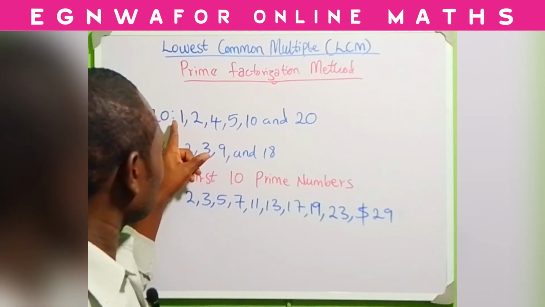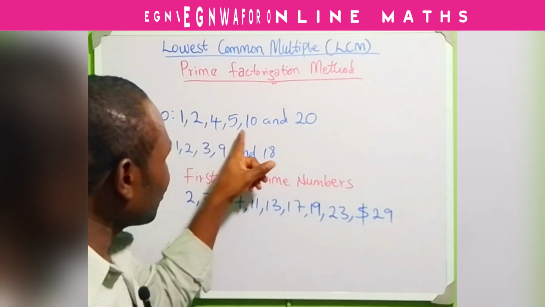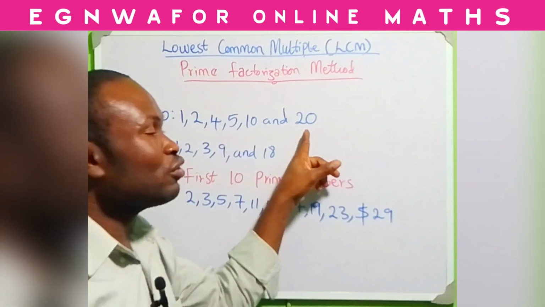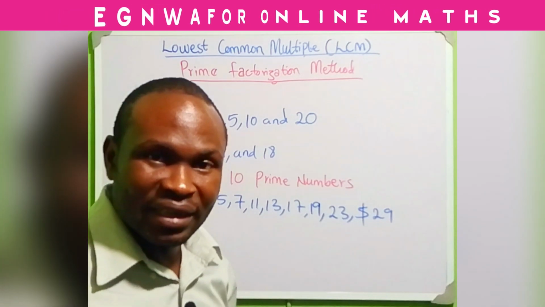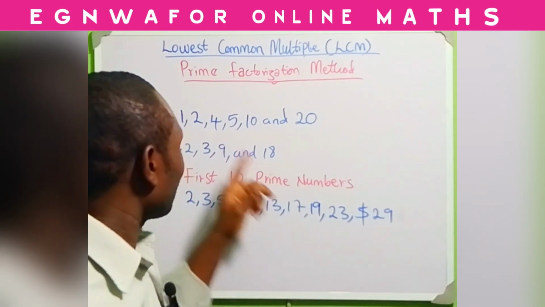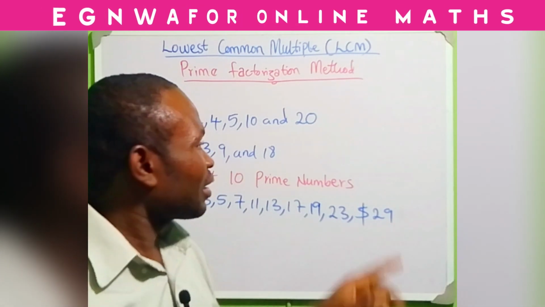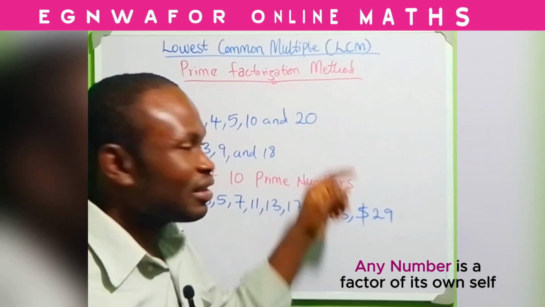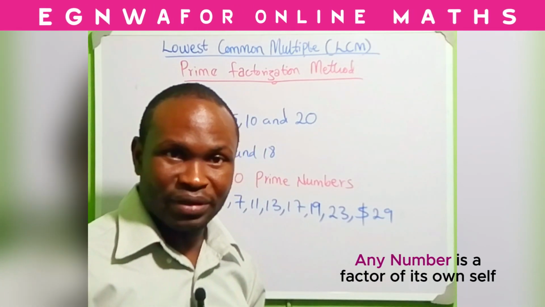As you dey go, 1 fit divide 20, 2 fit divide 20. All these numbers wey dey here fit divide 20. Even 20 itself fit divide 20 and remainder no go dey, which is to tell you that 1 na a factor of every number, and that same number itself na factor of its own self. Shebi you dey follow abi?